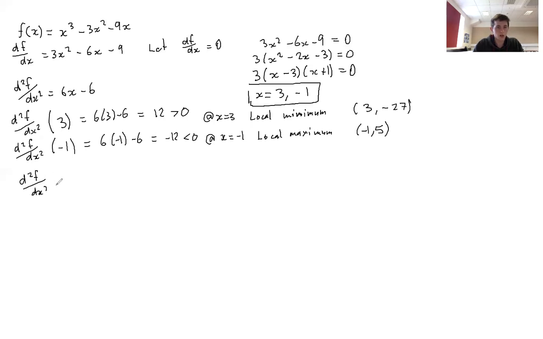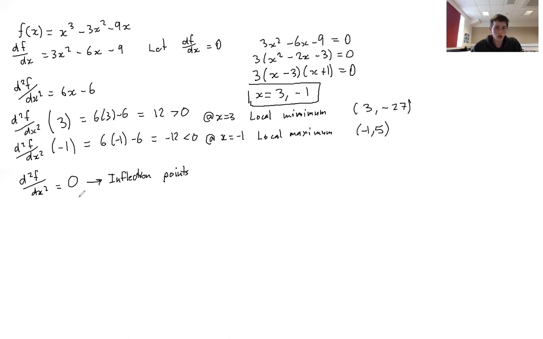I'll just write that out a little bit more formally. So these are inflection points, points where our function is neither concave up nor concave down.